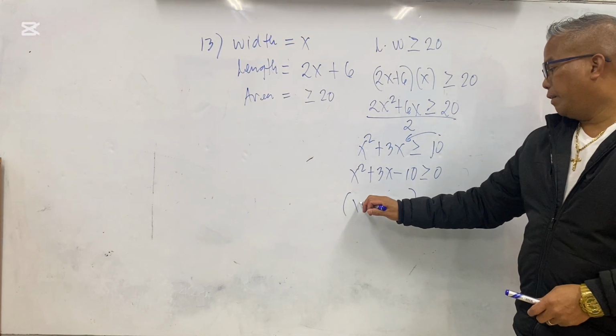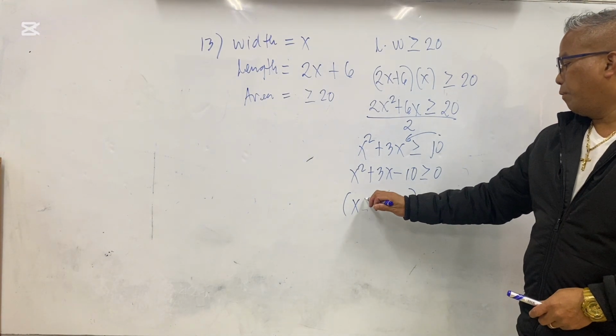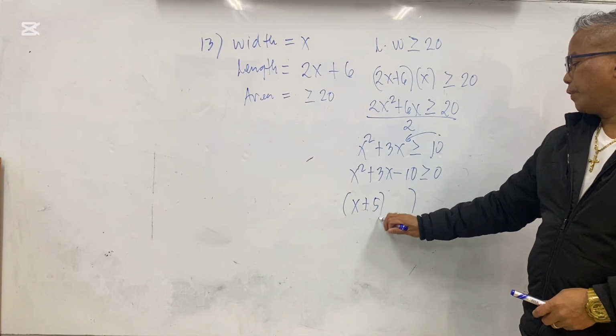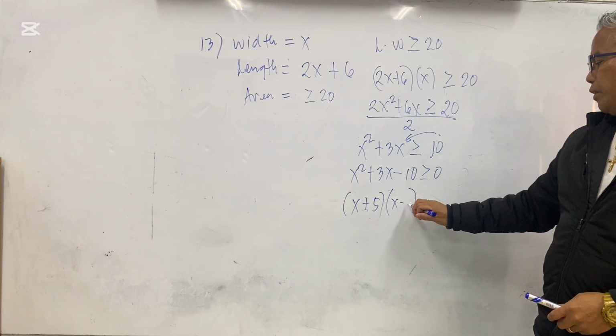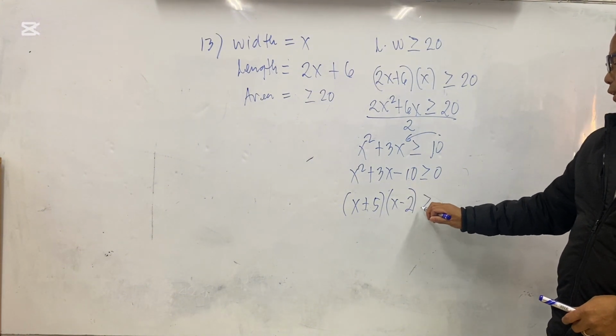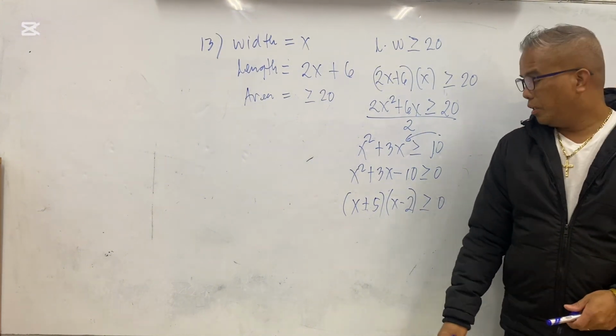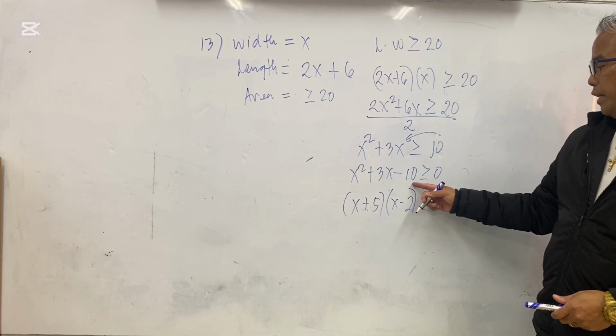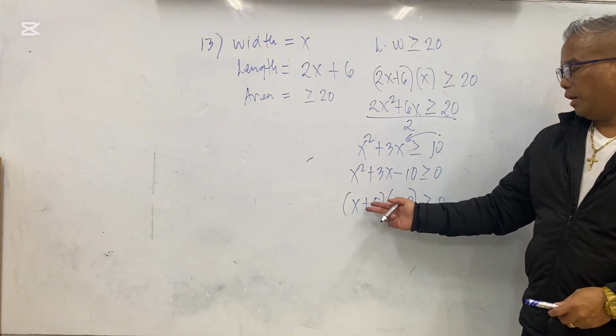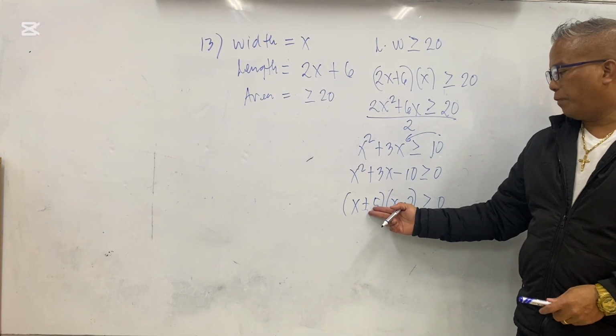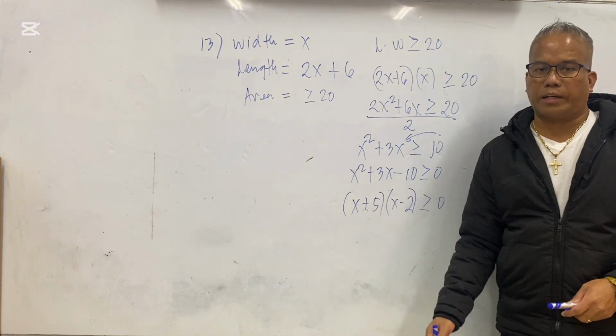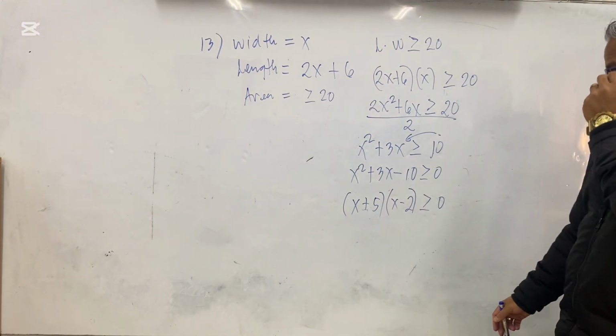We have x plus 5 and then x minus 2 greater than or equal to 0. 5 times 2 equals 10. Then here is positive 5 because the middle term here is positive 3x.